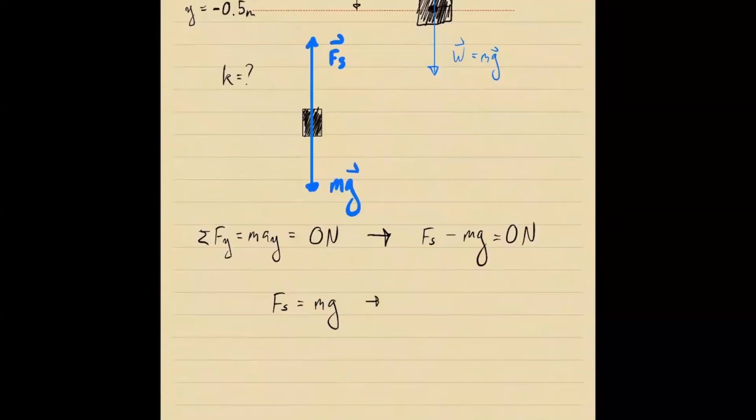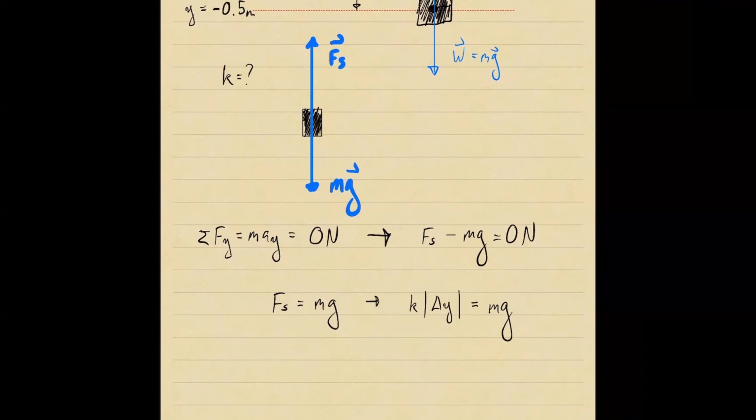right? But the magnitude of the spring force is just kx. Okay, excuse me, I guess k delta y, right? Because that's our displacement. What is the magnitude of that? Since we're looking at the magnitude for our spring force. And that's equal to the magnitude for the weight.